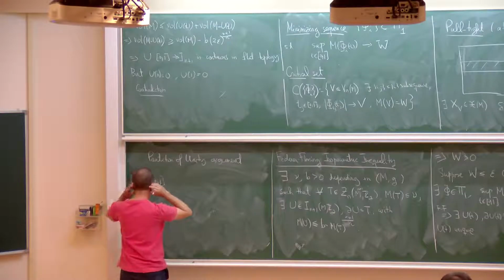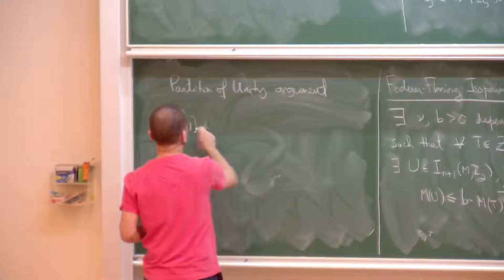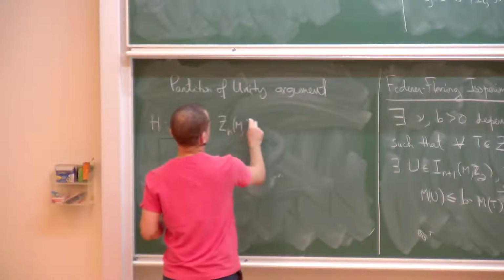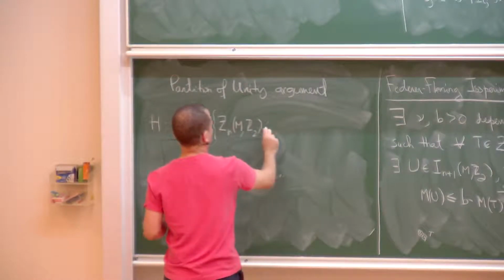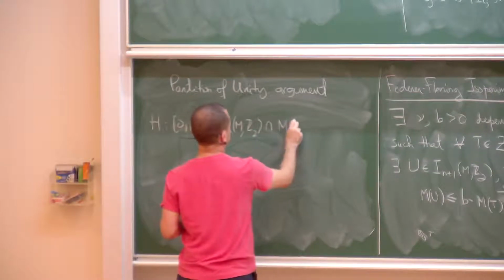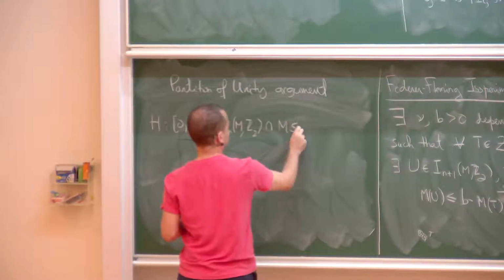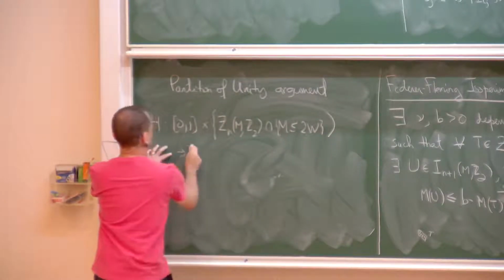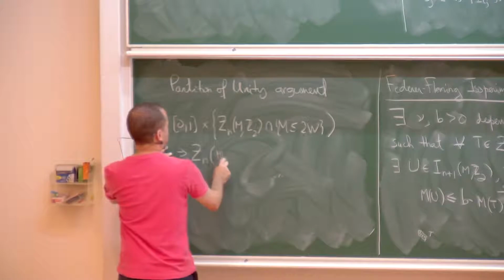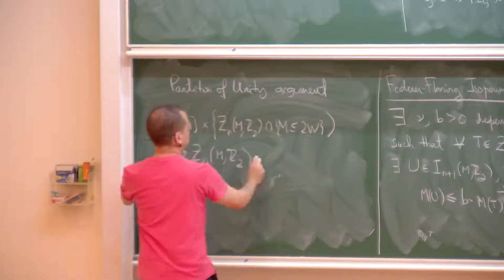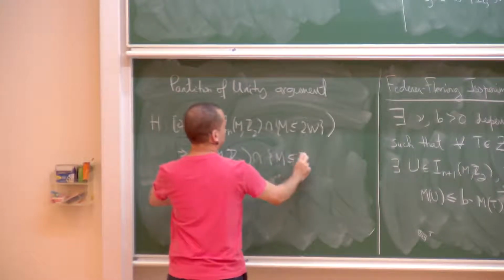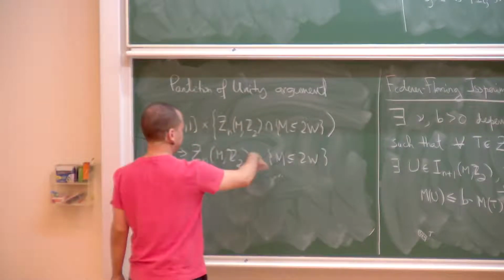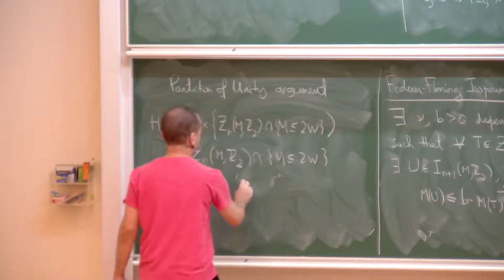So it's going to be a homotopy of the space of cycles that have, say, mass less than 2W, in itself, with the following properties. This is going to be continuous in the F metric.